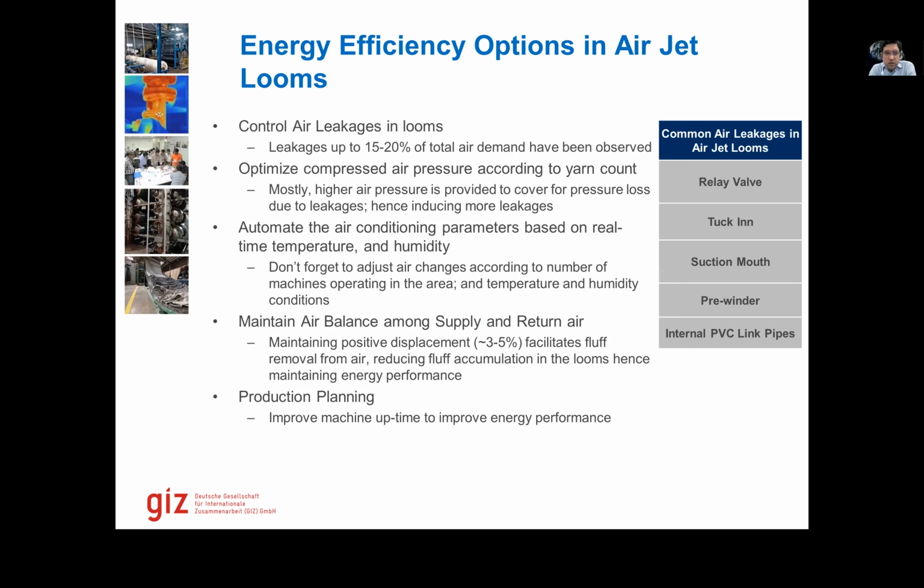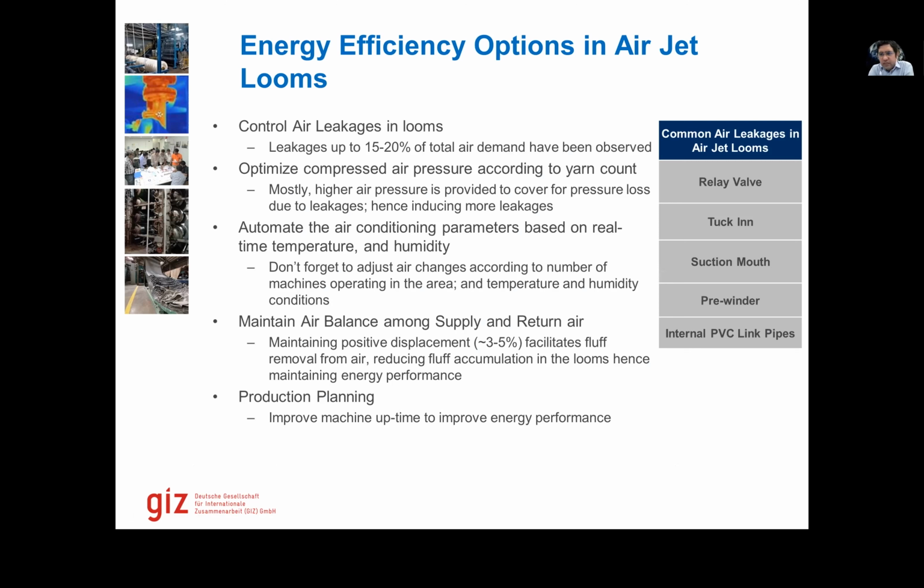Efficiency options. So again, controlling air leakage is very important. Usually when we shut down all the looms, we hear a lot of hissing sounds. There are many tiny link pipes, inside the air jet looms, inside the rapier looms as well, where these leakages can account for up to 15 to 20% of total air demand.